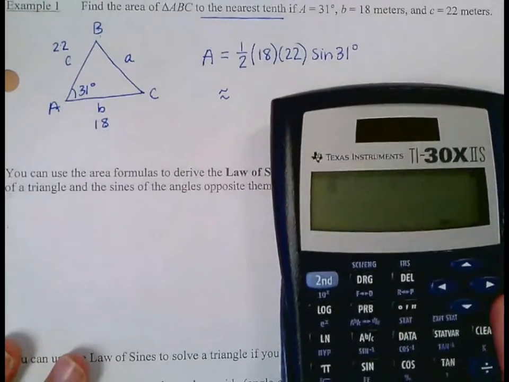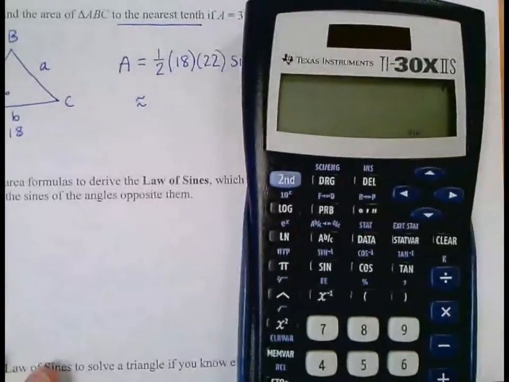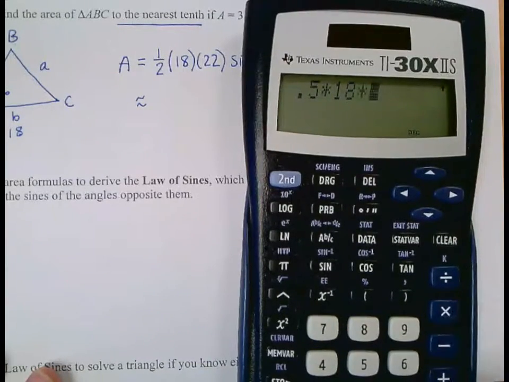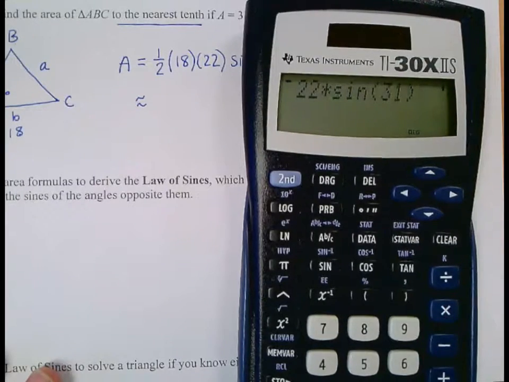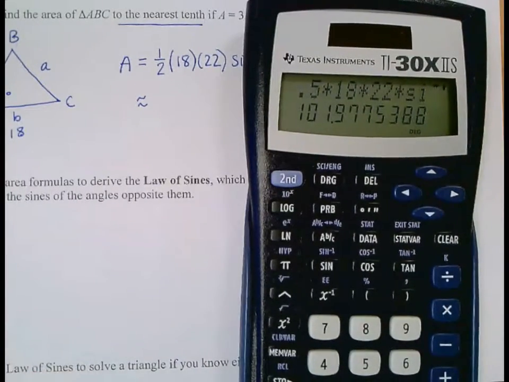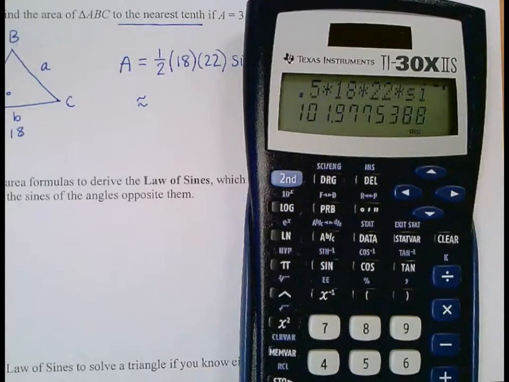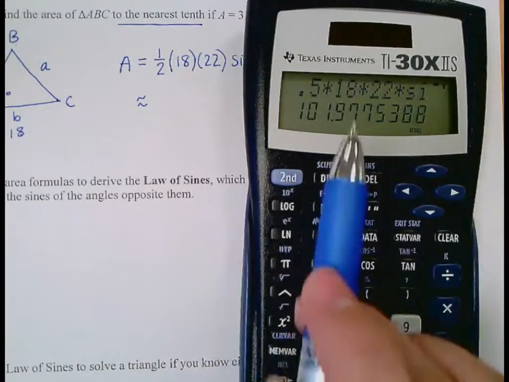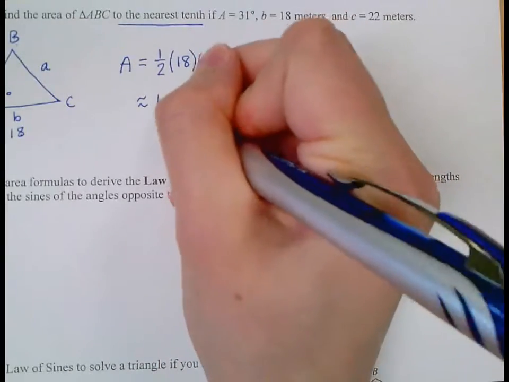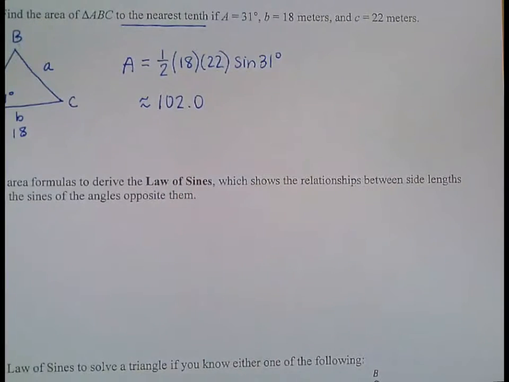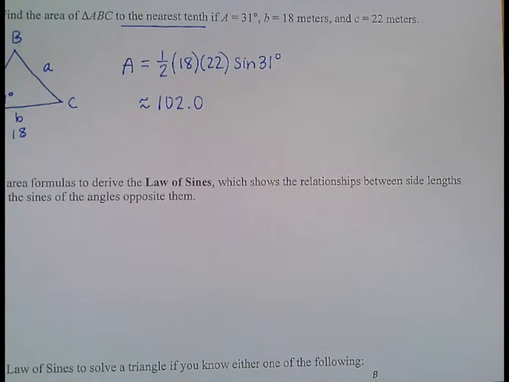Typing this in, I'll use 0.5 for 1/2, so 0.5 times 18 times 22 times sine of 31 degrees equals about 102.0, since on the nearest tenth that 9 would round up. And the units on the area for this triangle would be meters squared.